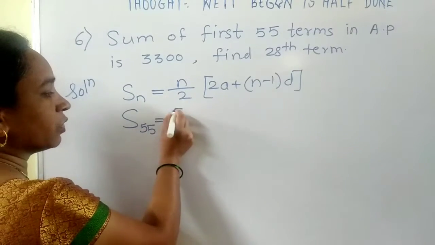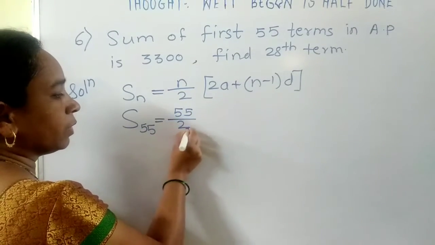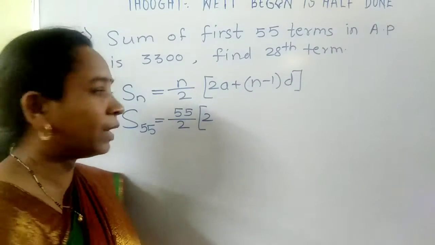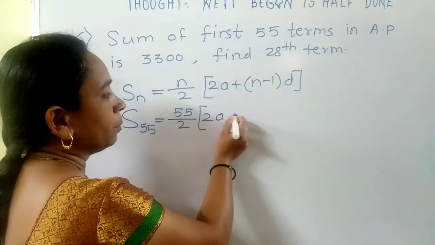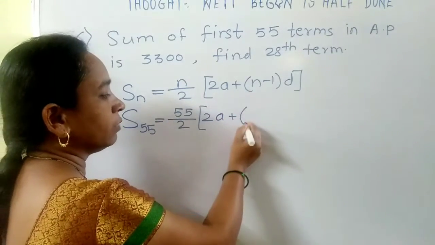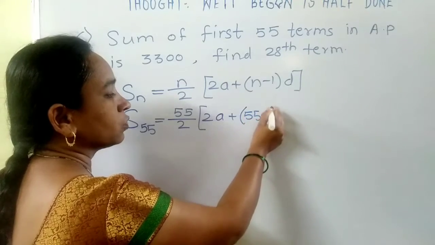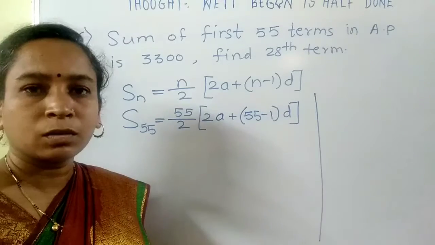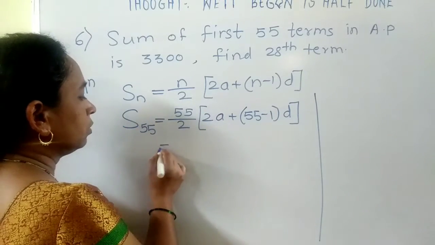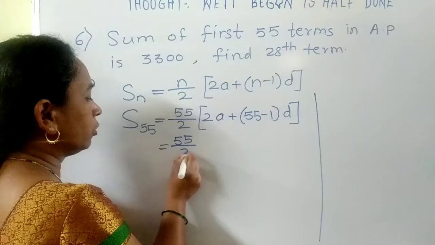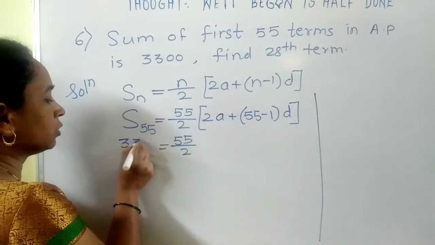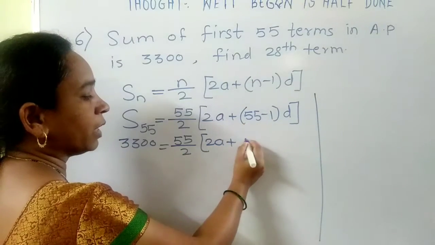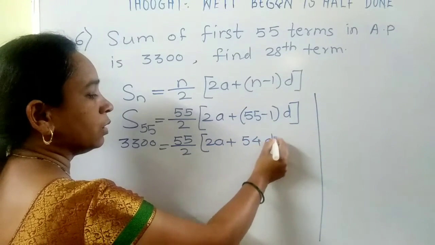So n's value is 55. 55 upon 2 into 2a. a and d are unknown, so we'll keep them as they are. So 55 upon 2, and here I will put the value 3300, into 2a plus 55 minus 1, which is 54d.